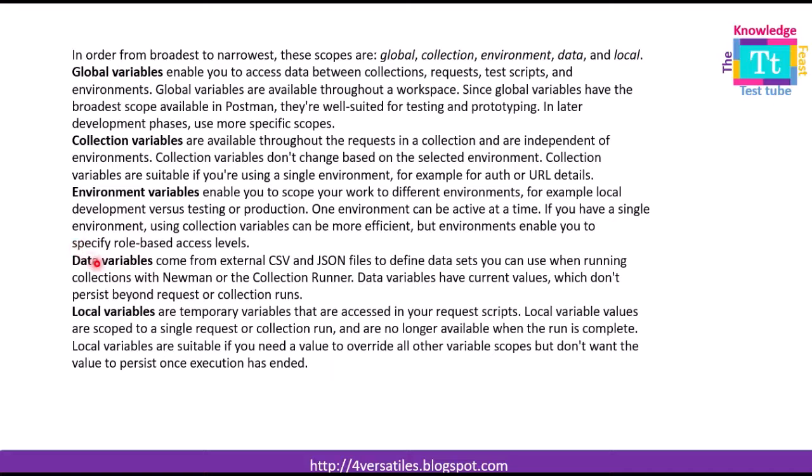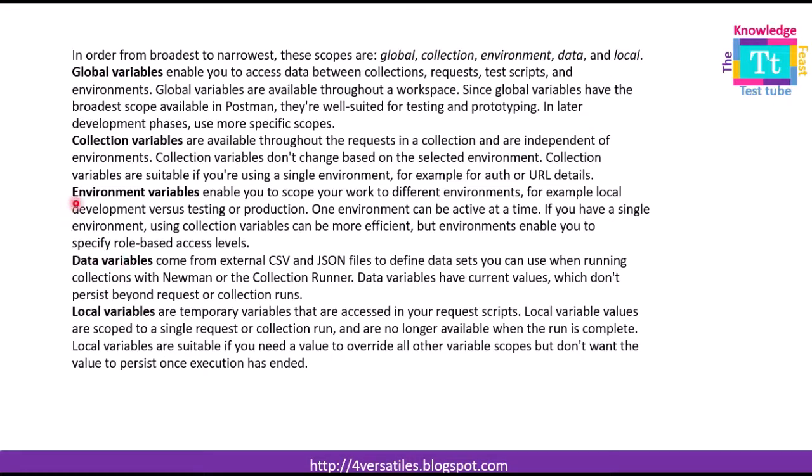The fourth type of variable is the data variable, which is defined externally in CSV files or JSON files. We are going to see this in our data-driven framework, in later sessions.